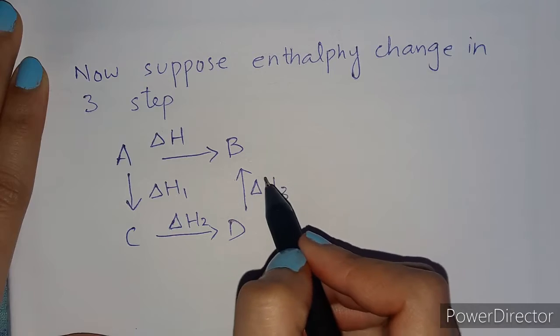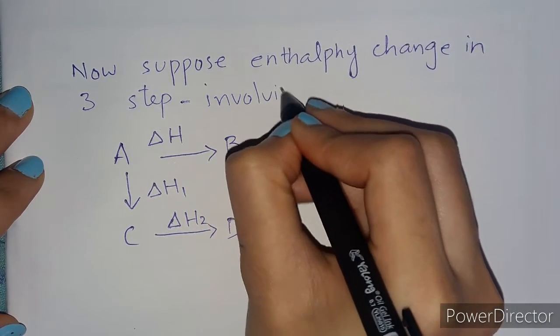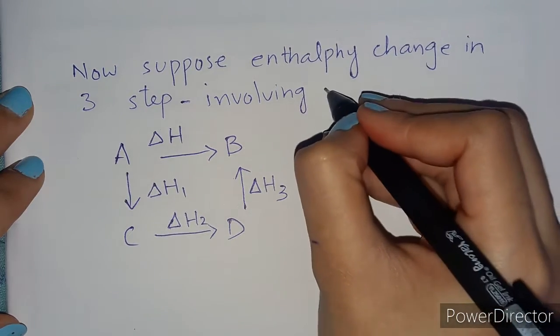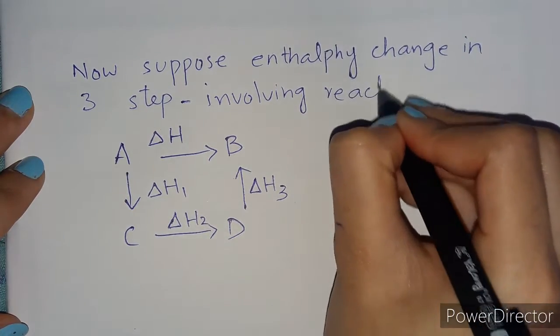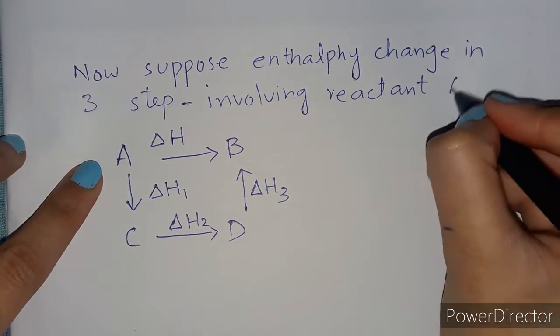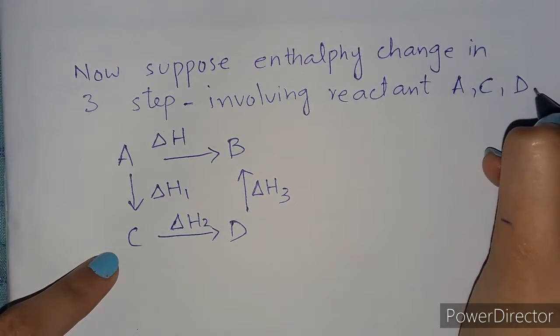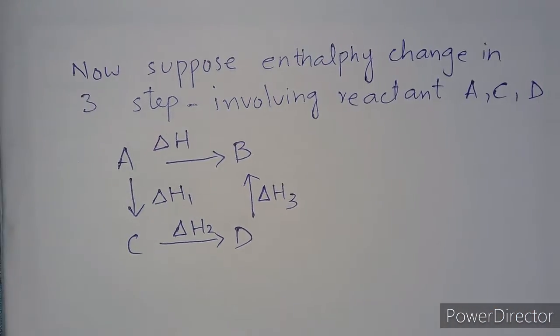So 3 steps involving reactants A, C, D, and B is the product.